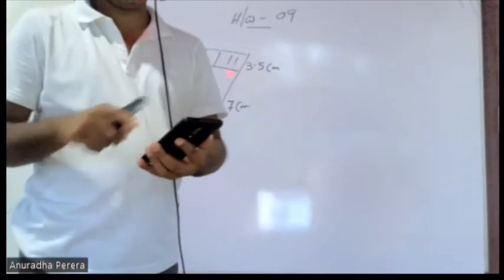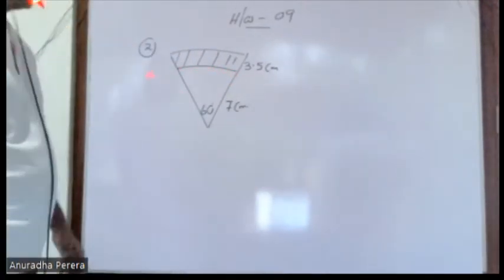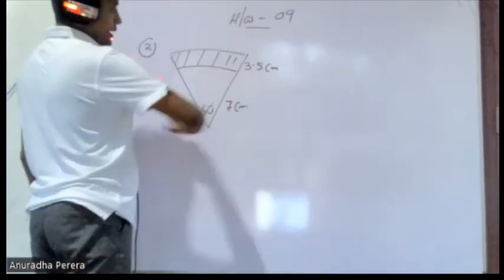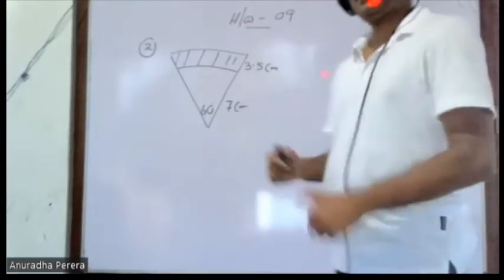We need the perimeter. Perimeter of the shaded part. Shaded part, there are two arc lengths and two 3.5s. Right?